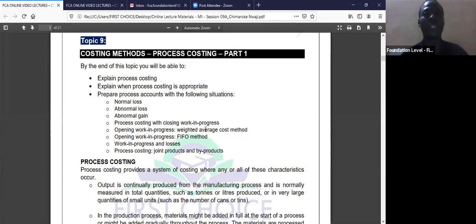They are turning it in and putting it in the storeroom to cool. When it has cooled sufficiently, the slicers will now come, take the bread and introduce it to the slicing machine. The slicing machine will slice it. They will now package it and put it in the finished goods store.